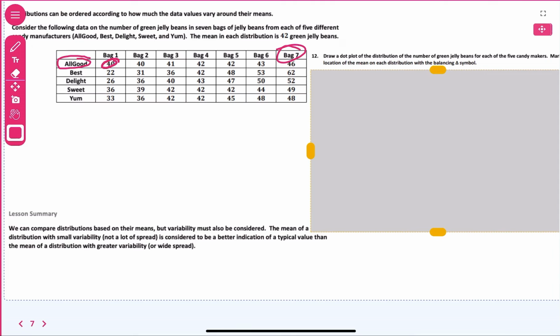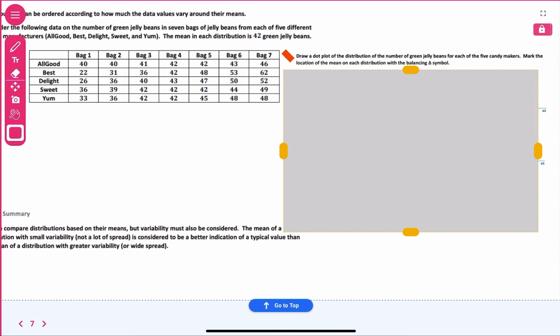And this is how many green jelly beans are in each one. Okay, so it says draw a dot plot of the green jelly beans and mark the location of the mean with a triangle there. Okay, so let's do it if it will let me.